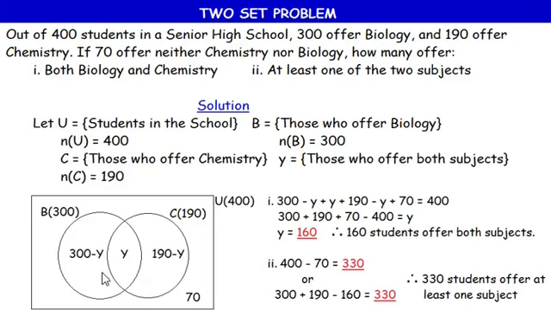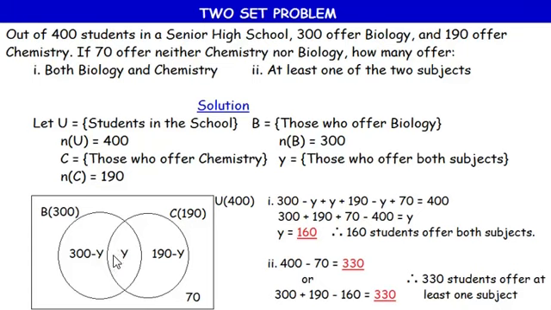That's all. So it's simply going to be 300 minus Y plus Y plus 190 minus Y, right? So we saw that our Y was what? Our Y was 160, right? So it's just going to be 300 minus 160 plus 160 plus 190 minus 160. Alright, so 300 minus 160 plus 160.